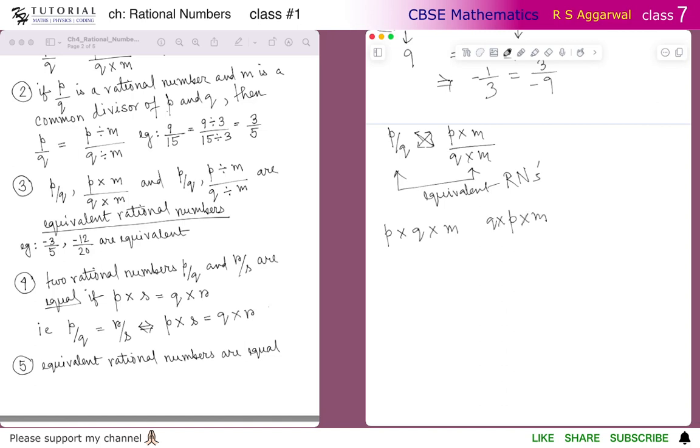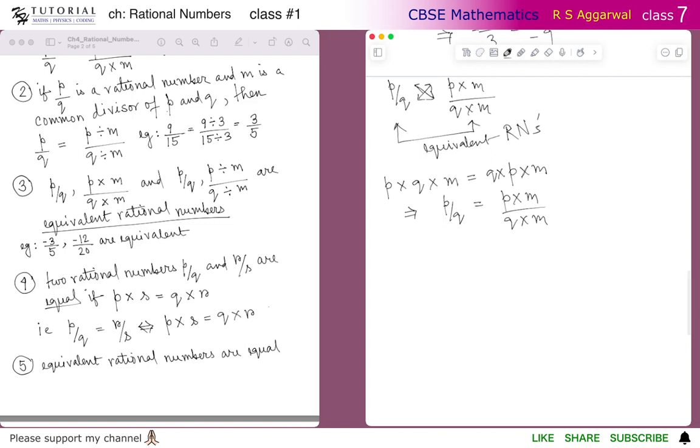You see, they are same. This implies p by q equals p multiplied by m divided by q into m.